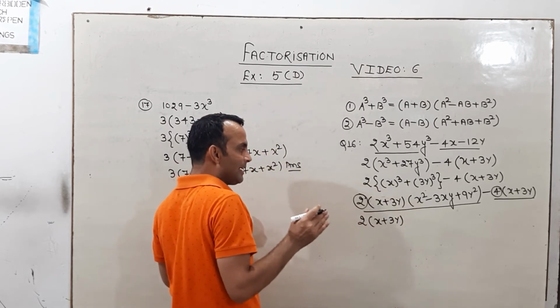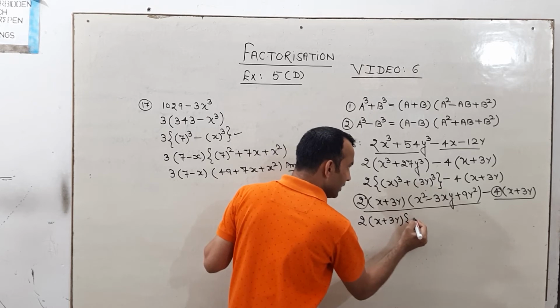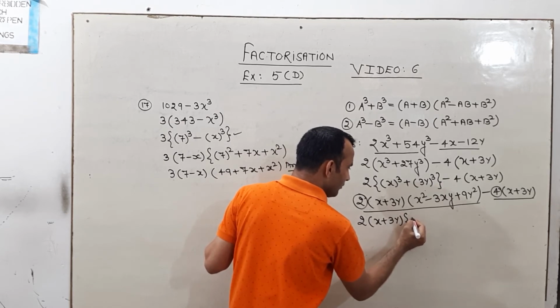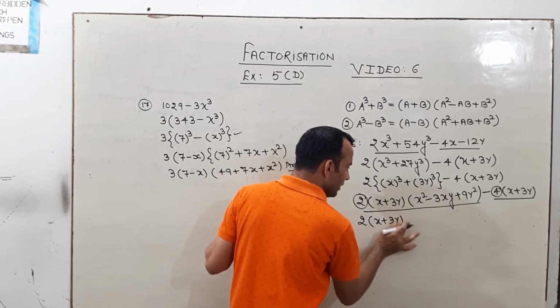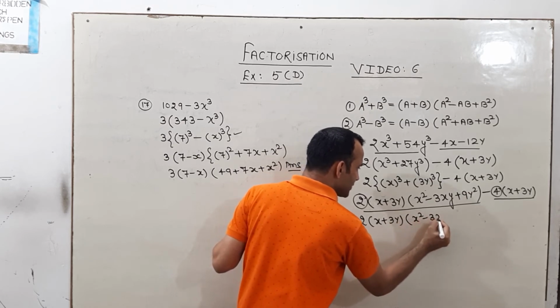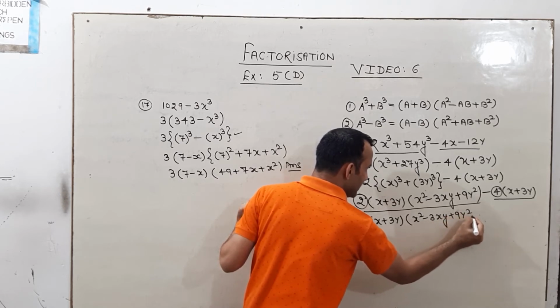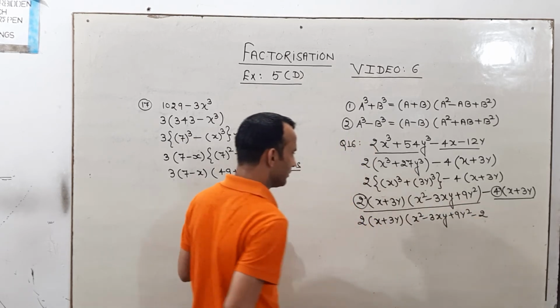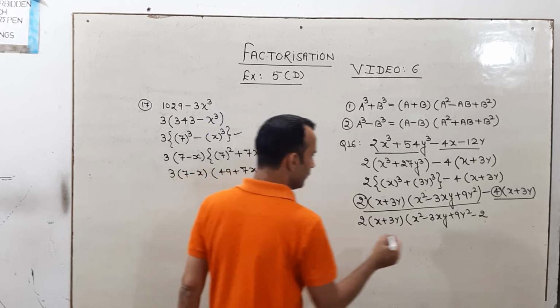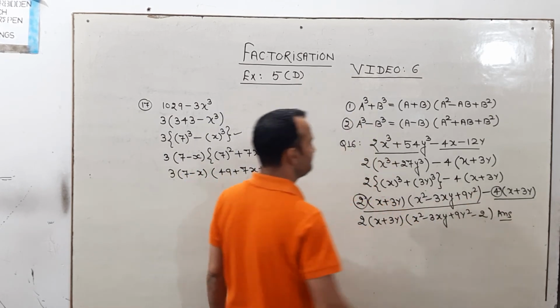After taking common 2 times of x plus 3y, we obtain x square minus 3xy plus 9y square minus 2, 2 2s are 4. This is the required answer of this problem.